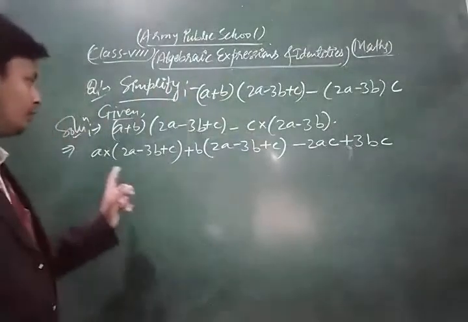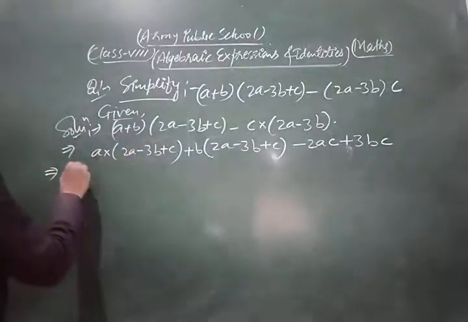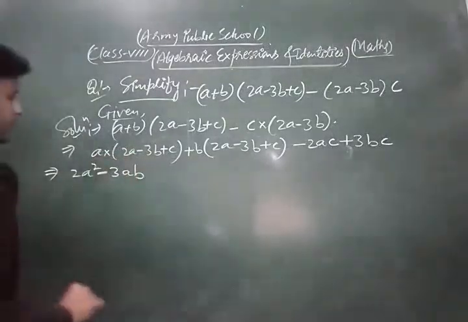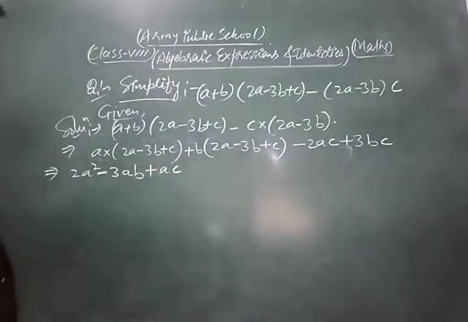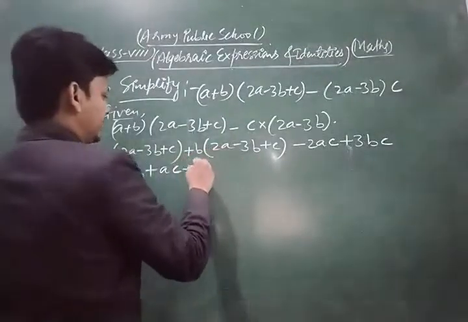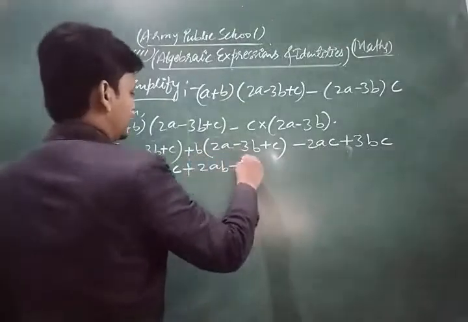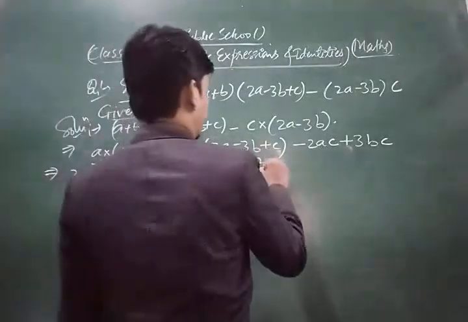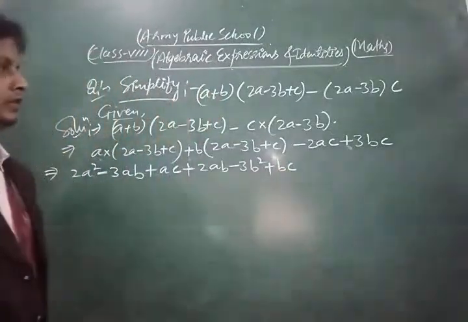Okay, dear students, now we multiply these terms. Look, we have a multiplied, so we have 2a square, minus 3ab, and plus ac. Now plus b into 2a, that is 2ab, minus 3 into b square, that is 3b square, and plus b into c, that is bc.